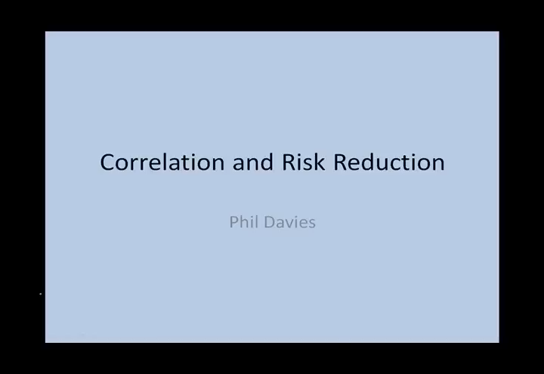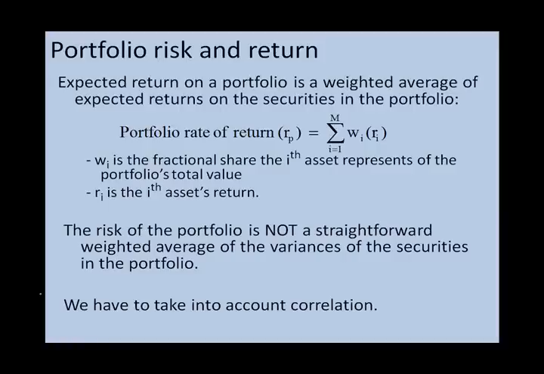Returns on a portfolio are going to be equal to the weighted average of the returns on the securities in the portfolio. If we look at this formula for the portfolio returns, we can see it's the sum of the weights in stock I times the returns on stock I for all stocks I equals 1 to M, where M is the total number of stocks in the portfolio.